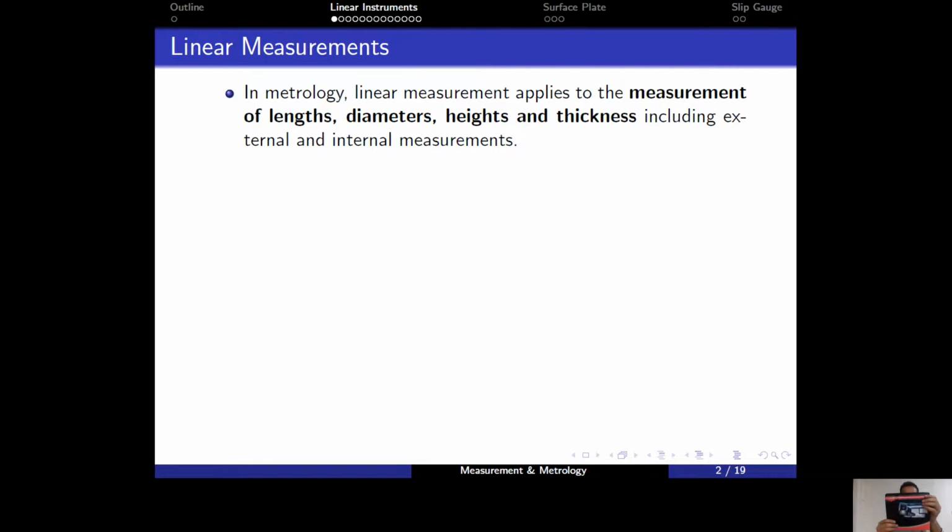Suppose this is the cover, or I would say mouse cover, I'm having. I wanted to measure the dimension of this particular cover. Say I wanted to measure this particular dimension and this particular dimension. This is a square or rectangle kind of cover, and I wanted to measure both its length and width.